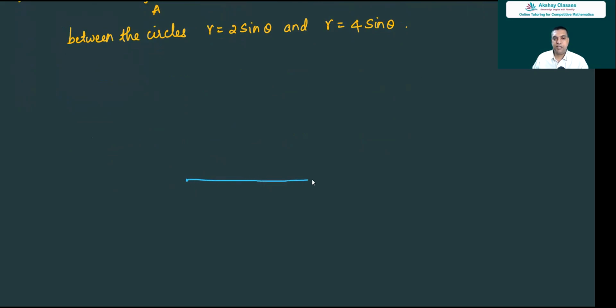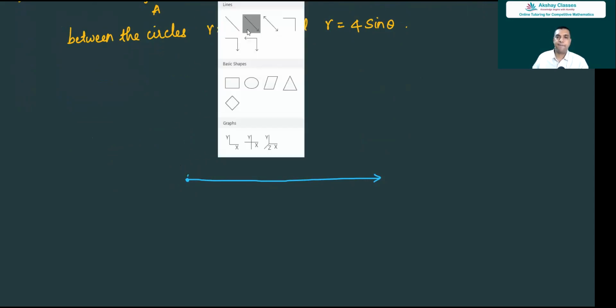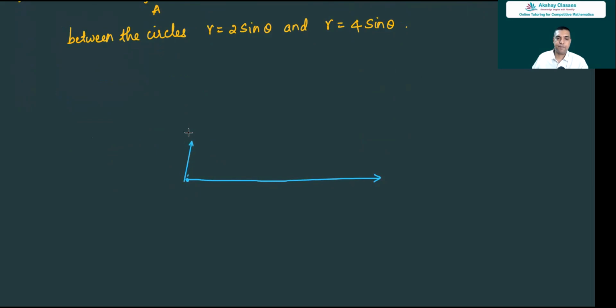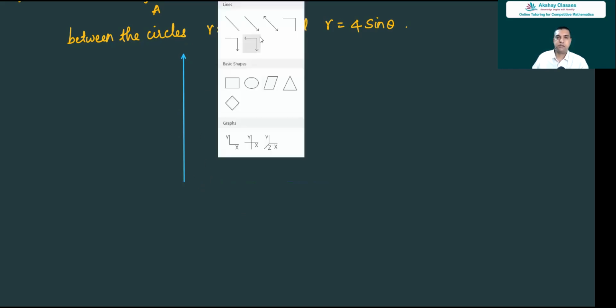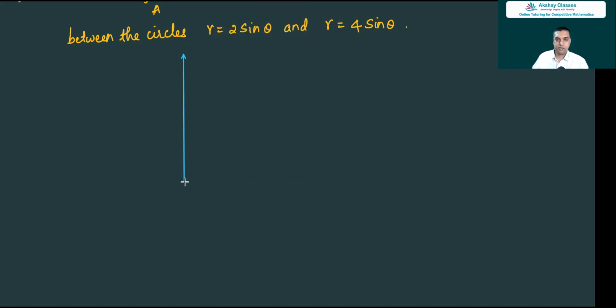This will be the initial line, theta equal to 0, and this will be the line theta equal to pi by 2.